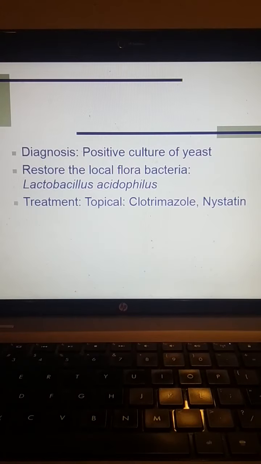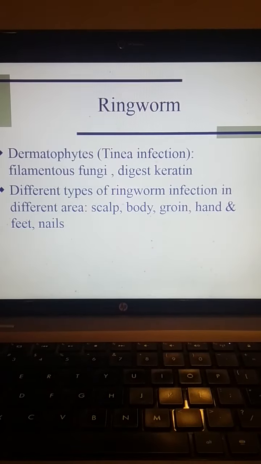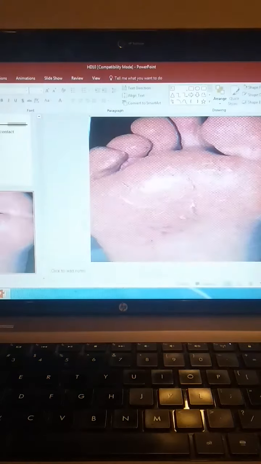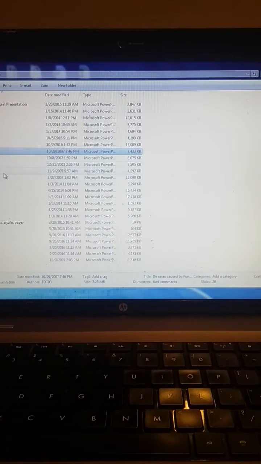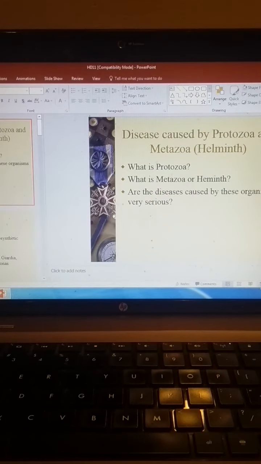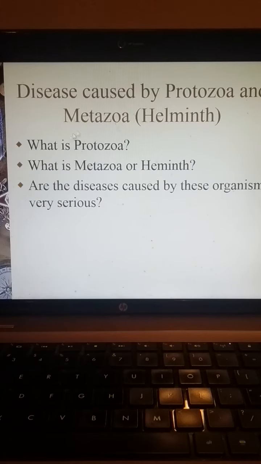Pretty much in this chapter, you need to know ringworm is not a worm. We talked about that before. Now we're going into the other disease, which is the worm disease. Similarly, you need to know one of the diseases caused by the worm, the helminth.